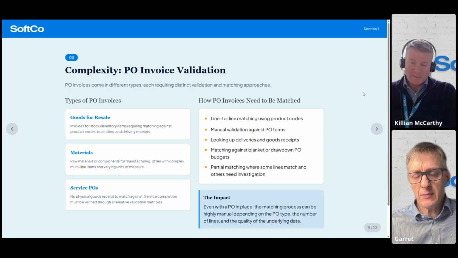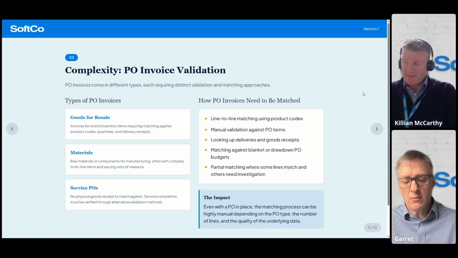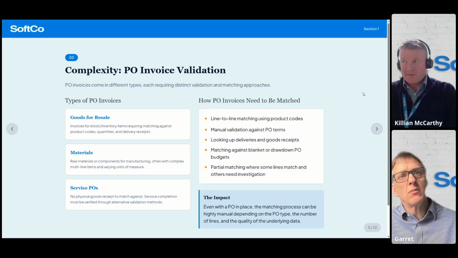Yeah, listen, with POs, if you step back and look at every business, take manufacturing or retail as an example. If they were doing 100,000 invoices as an organization, usually your goods for resale, or what people call stock invoices, all your goods invoices for manufacturing or materials, usually equate to somewhere in the region of 65 to 80% of the volume.